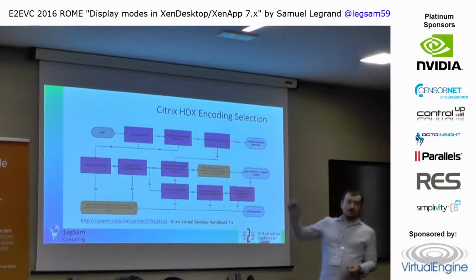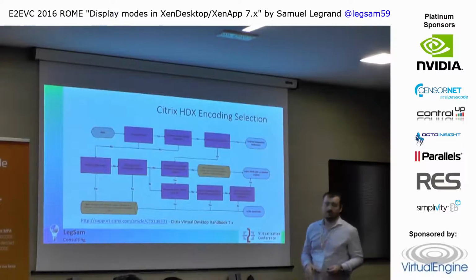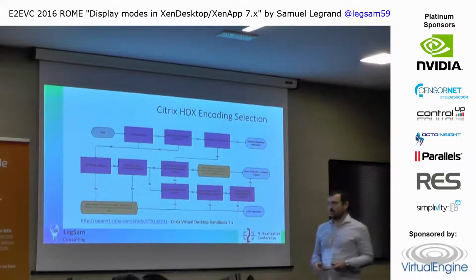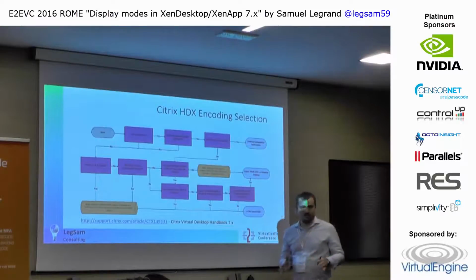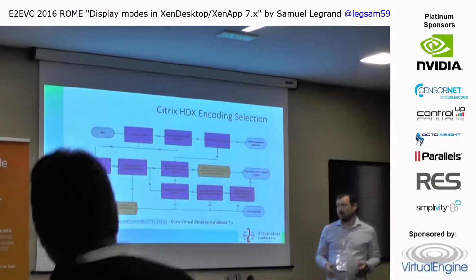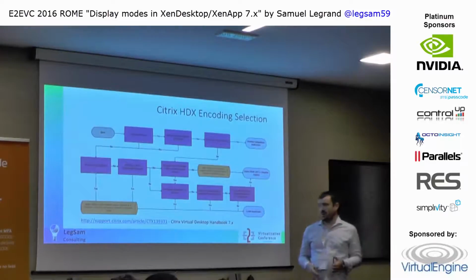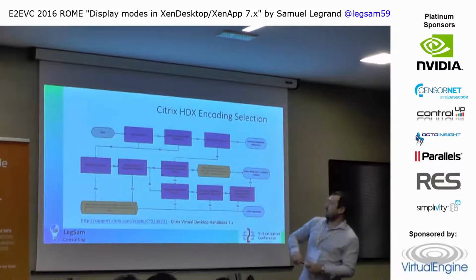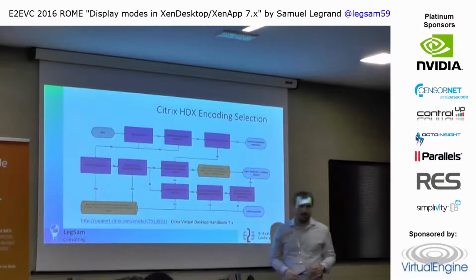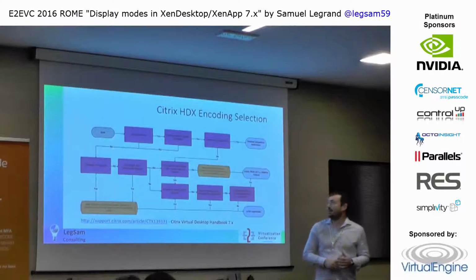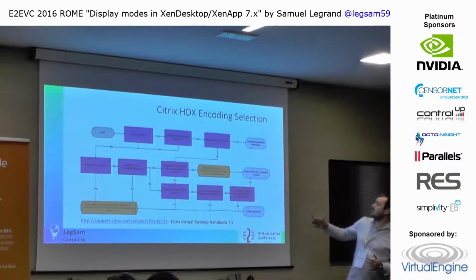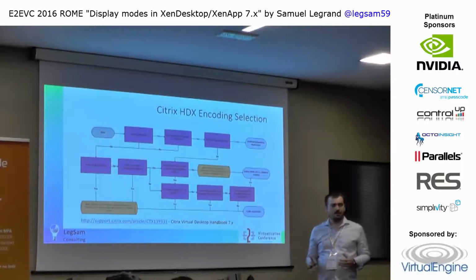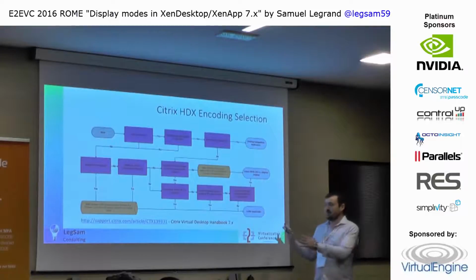The first one is LAN connection. If you are using LAN, bandwidth is not an issue at all, so you can just use H.264, which is consuming a lot of bandwidth. If you need Aero, or if your endpoint is DirectX capable, and so on and so on. So it is quite difficult to find the right choice with only this.